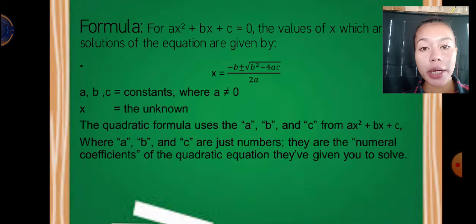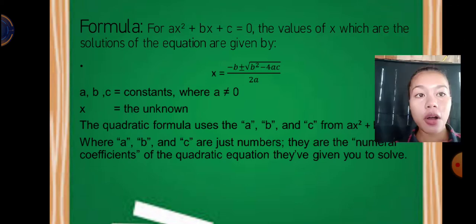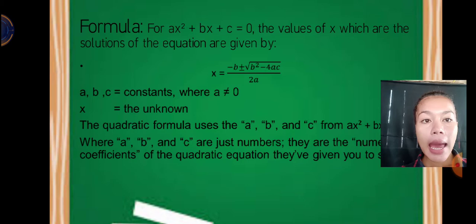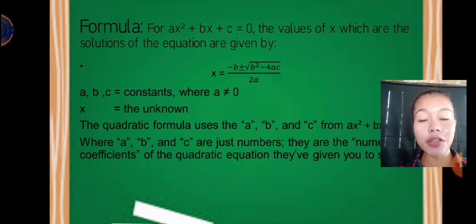For ax squared plus bx plus c is equal to 0, the values of x, which are the solutions of the equation, are given by x is equal to negative b, plus or minus the square root of b squared minus 4ac, over 2a.